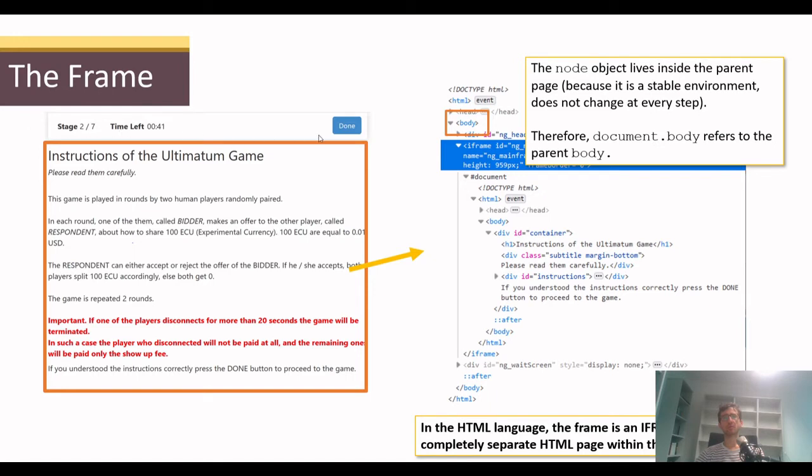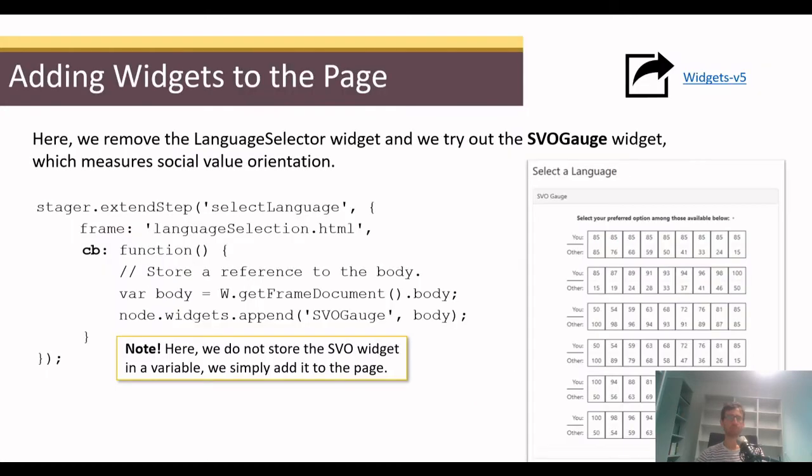So say at the level of the header, there is a node object, and whenever the new step or stage begins, something is loading in here, and the new callback function is executed to say what actually we should take care of in that page.